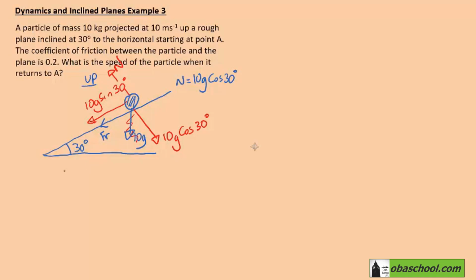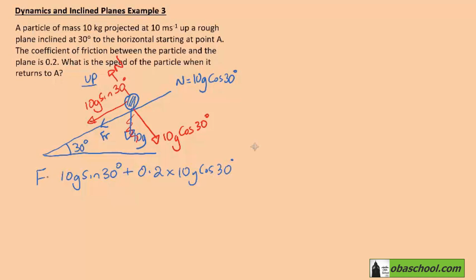If we look at the resultant force, it's all parallel to the slope, and it's going to be 10g sine 30, add the friction, and the friction is going to be 0.2 times the normal reaction, which is 10g cos 30.